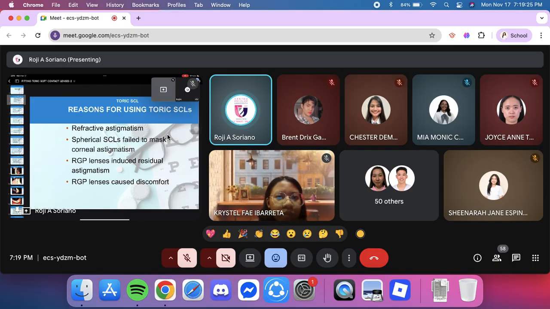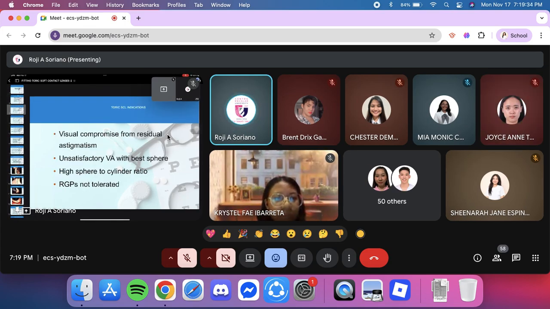Therefore, you might want to have soft toric. RGP lenses, of course, cause discomfort. Then soft toric is the first choice. Now, visual compromise from residual astigmatism, unsatisfactory VA with best sphere, high sphere to cylinder ratio, or RGP is not tolerated. Those are toric soft contact lens indications. When do you give that? Because of this. Correct?